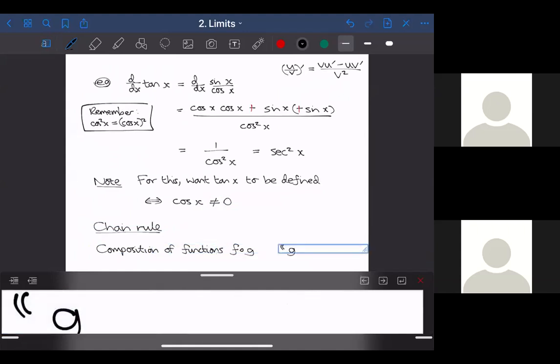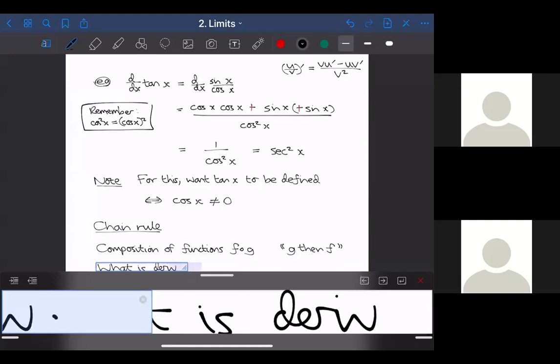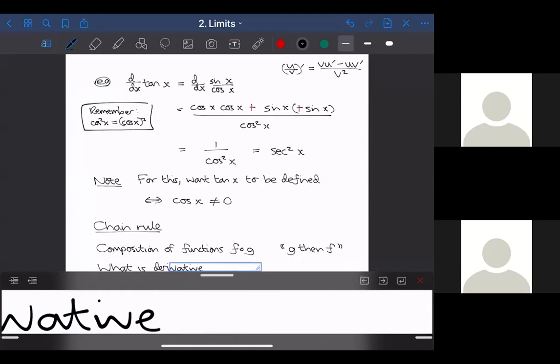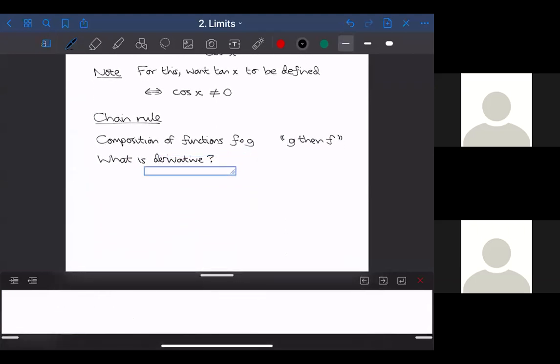So remember, this means do function g and then do f. So what is the derivative of this function? So let's do a very simple example first.